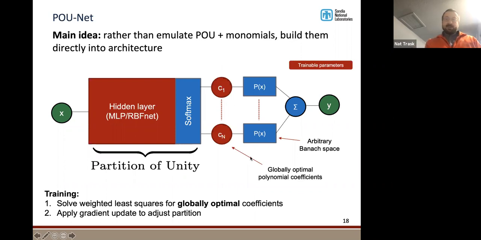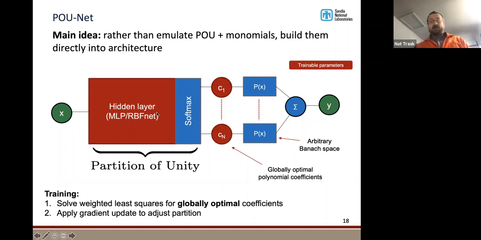The thing that's really nice about this is that if you freeze the hidden layer parameters and you're solving a convex loss, or specifically we're looking at a root mean square loss, then you get a least squares problem for these polynomial coefficients, right? So basically, if you fix your current partition, you can get the globally optimal representation of your data just by solving a linear system, right?